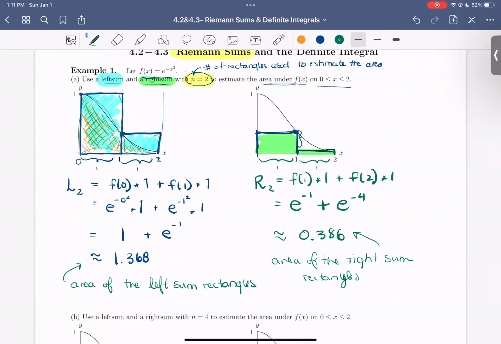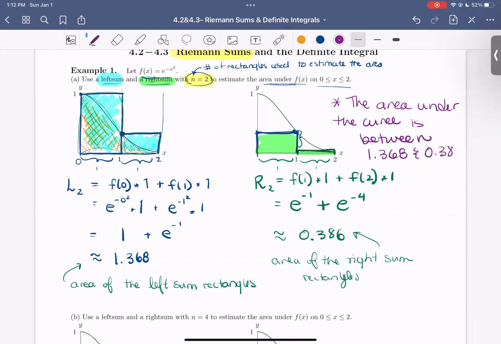So the main takeaway here that I want us to get or leave with is that the true area under the curve, so not the estimate, but the actual area, is between these two estimates. So is between 1.368 and 0.386. And how do we know that?